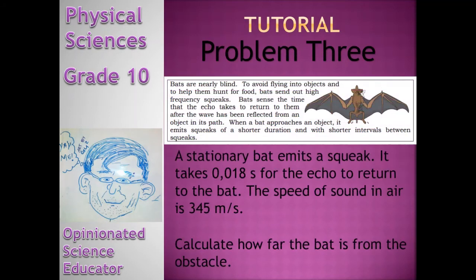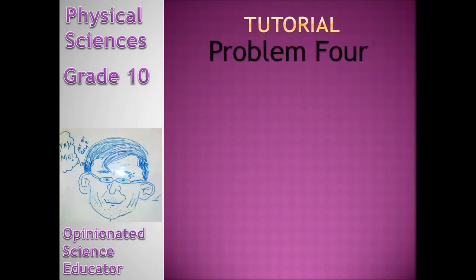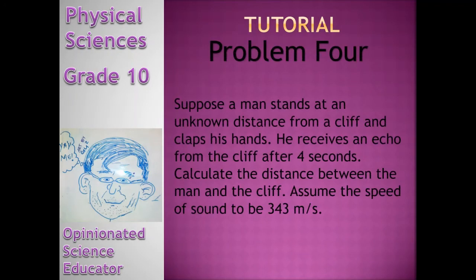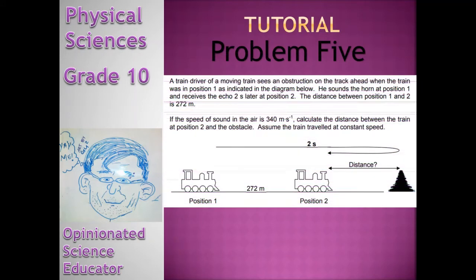Problem 3 relates to bats and the use of echolocation. Problem 4 relates to finding the distance from hearing the sound of an echo. Problem 5 is a little bit more challenging. It also deals with an echo. However, the object is actually moving when it emits the sound.